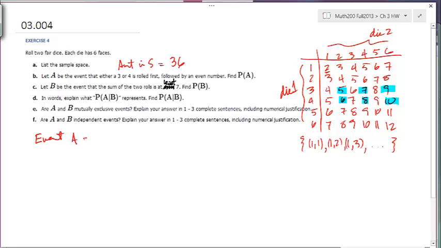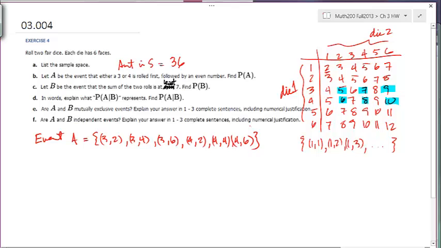Event A is going to be equal to the list of 3, 2, 3, 4, 3, 6, and 4, 2, 4, 4, and 4, 6.